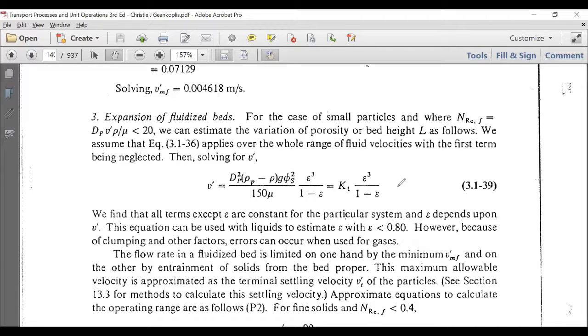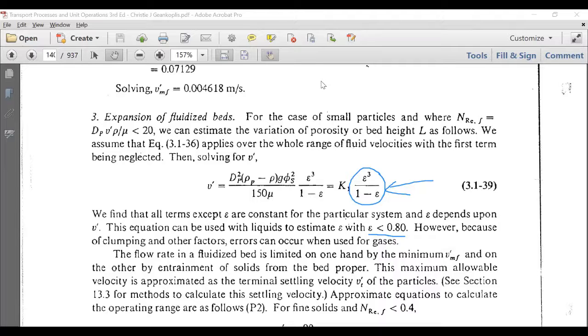So to find the actual epsilon when the packing material is fully fluidized, we can use this equation. But this equation is restricted only when the Reynolds number in the fluidized bed is less than 20 and the epsilon is less than 0.8.